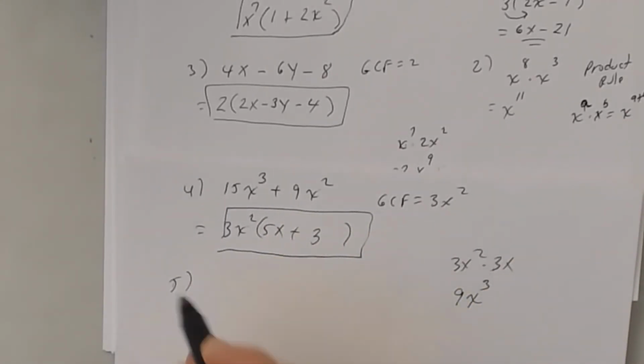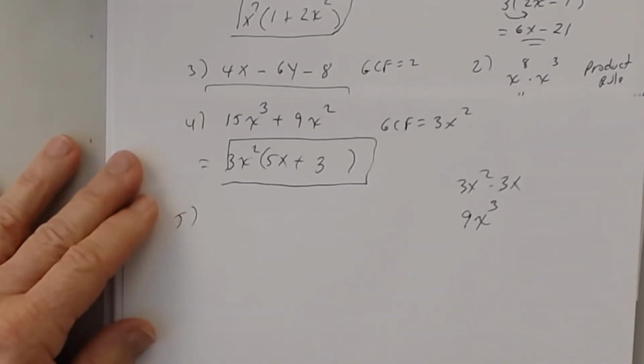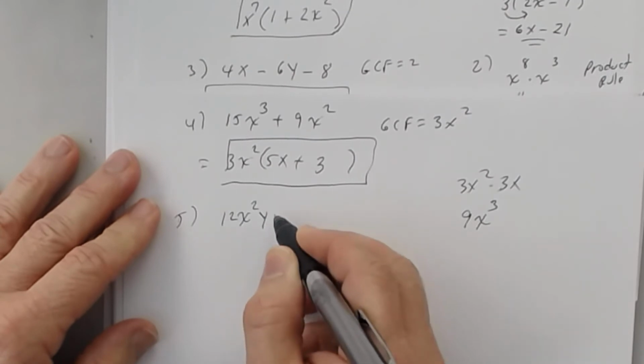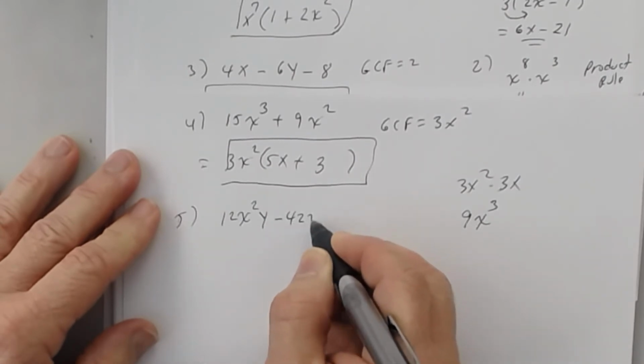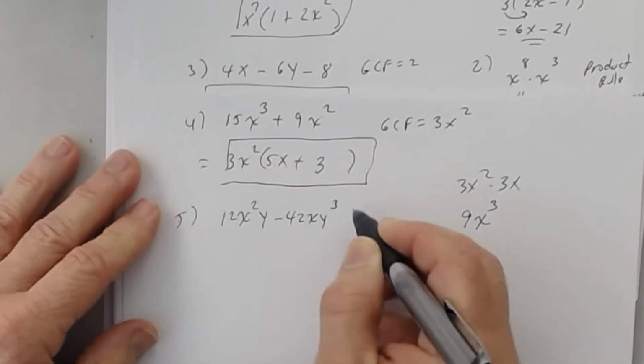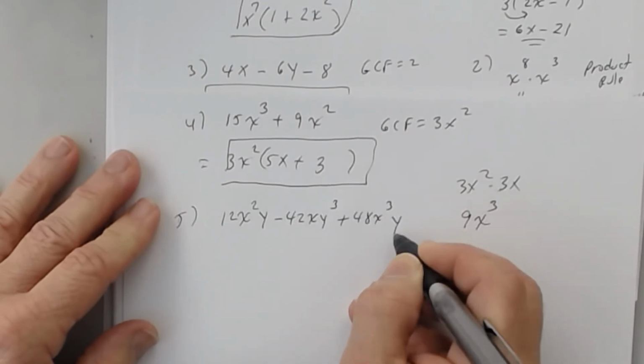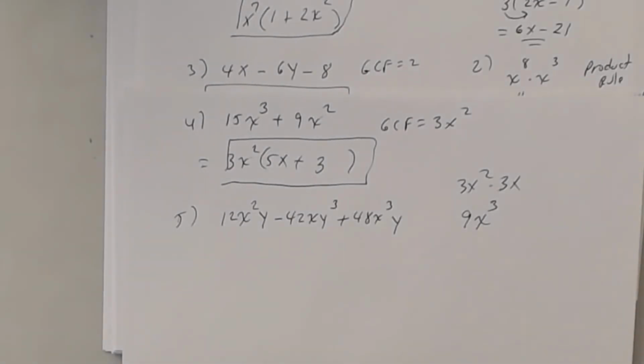Number 5. So in 5, you have 12x squared y minus 42xy cubed plus 48x cubed y.